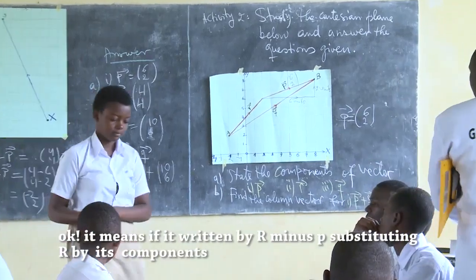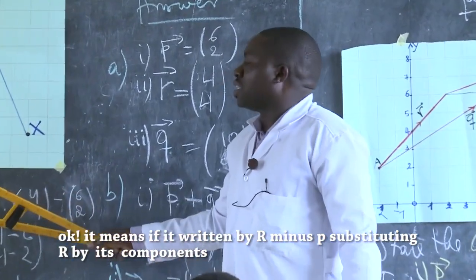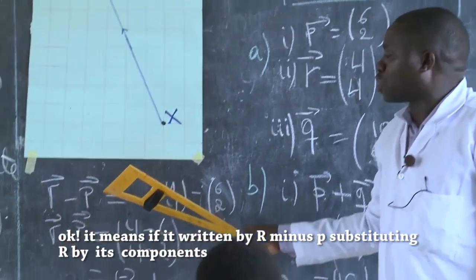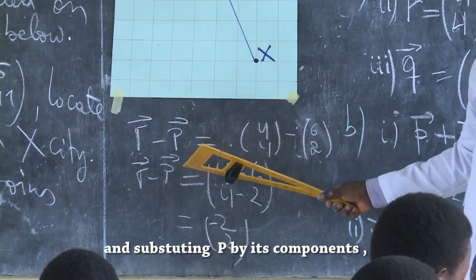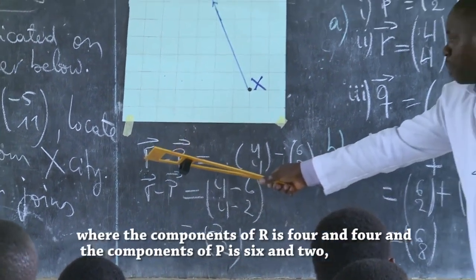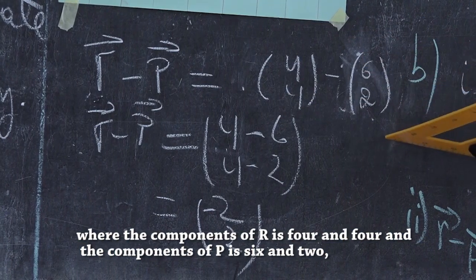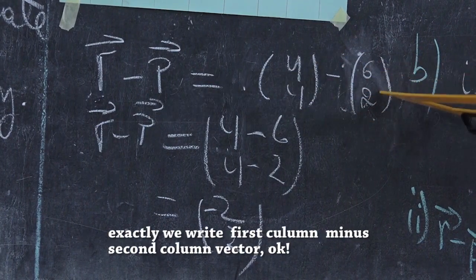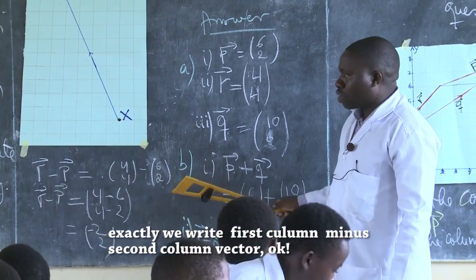Okay? If it is written as R minus P, we substitute R by its components and P by its components, where the components of R are 4, 4, and of P are 6, 2. Exactly, we write the first column minus the second column vector.